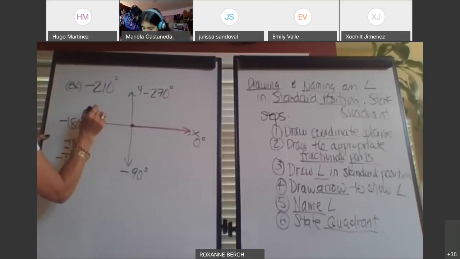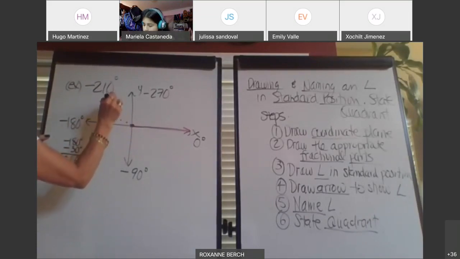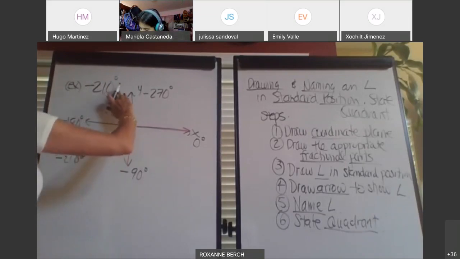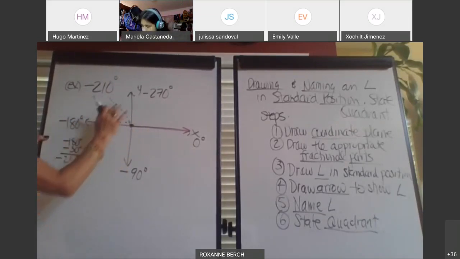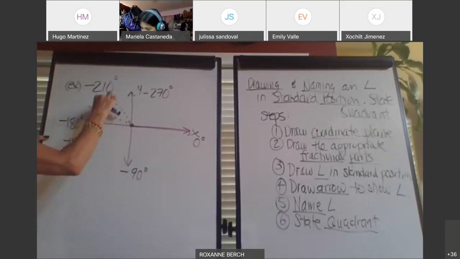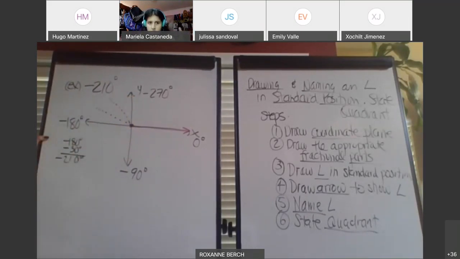So what I'm going to do right now is you're going to see me divide this. There should be equal parts, by the way. And when I say equal parts, I'm talking about these sectors. So if I counted by 30s, this would be negative 210.